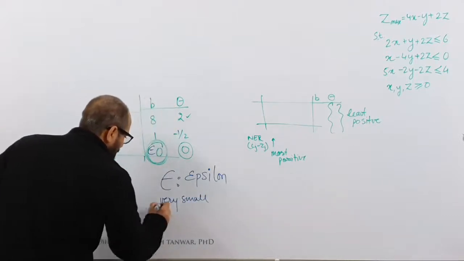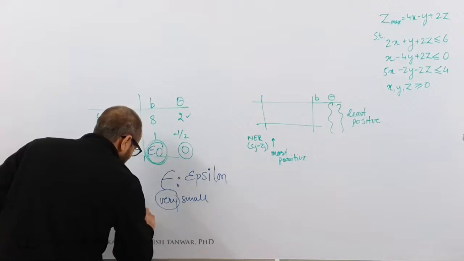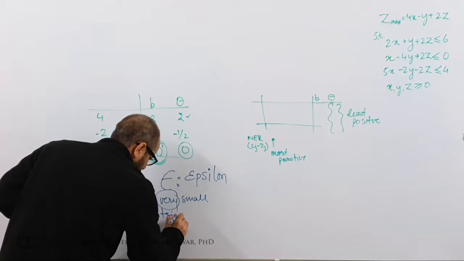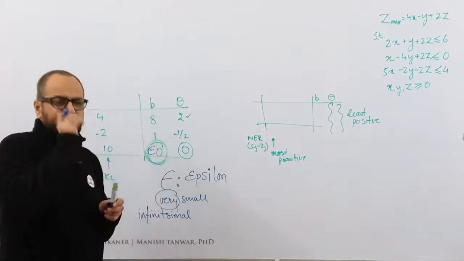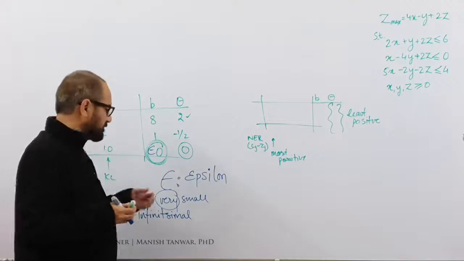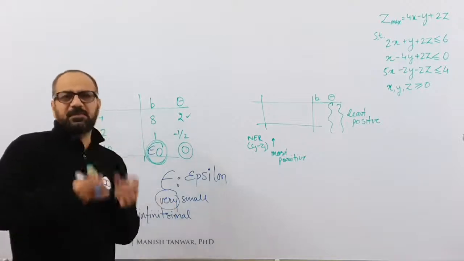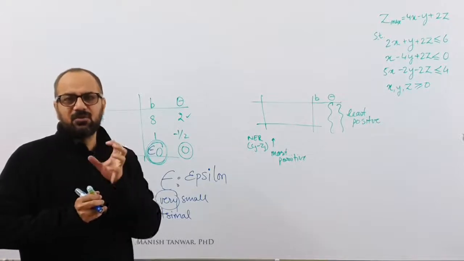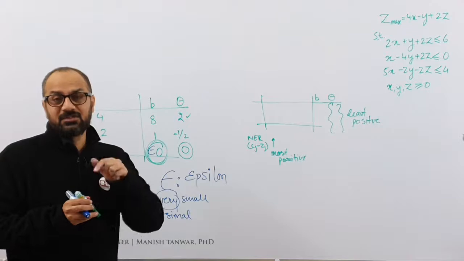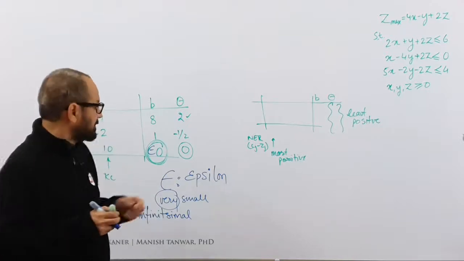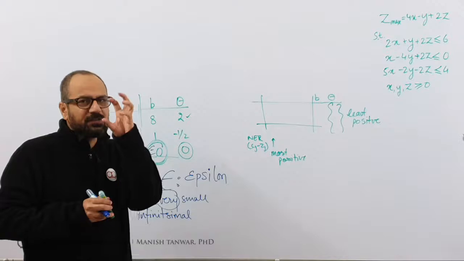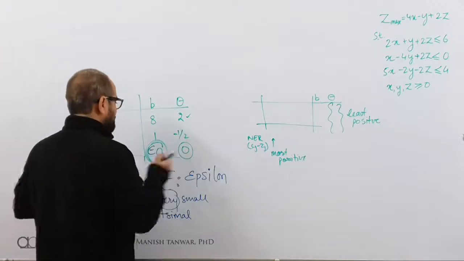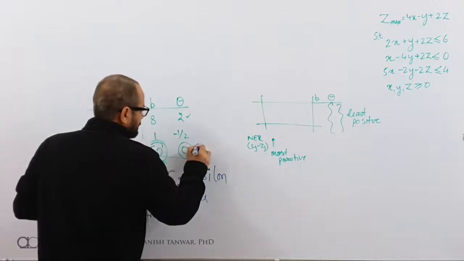In fact, instead of very small, I can say infinitesimal. It is infinitely small value. It is almost 0, but it is not 0. Hence, this becomes epsilon, which is a very small value, but it is not negative. Hence, it is positive. So this value will become epsilon upon 10.